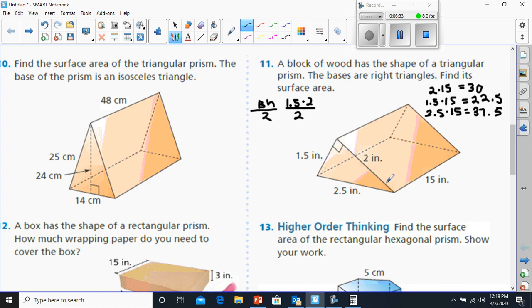We would not use the slant height here because that's going to give us the slant height. We need the height of the triangle. So really we got 2 over 2, and that means each triangle is going to be 1.5. And since there's 2 triangles, we'll have to multiply that by 2. And 1.5 times 2 should give me 3. So both of the triangles are going to equal 3.